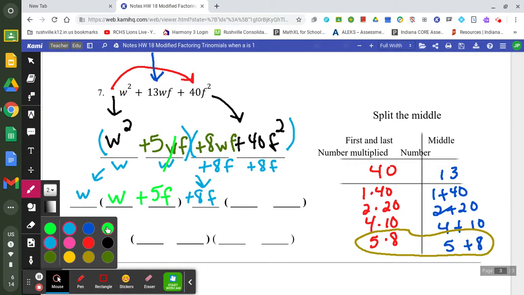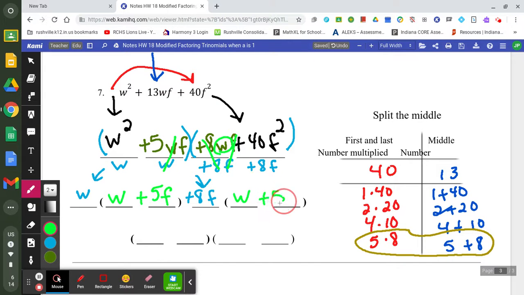So then 8FW divided by 8F, so my 8's would go away and my F's would go away, and I'm left with that W. And then 40 divided by the 8 gives me the 5. And then F squared divided by F is just F.